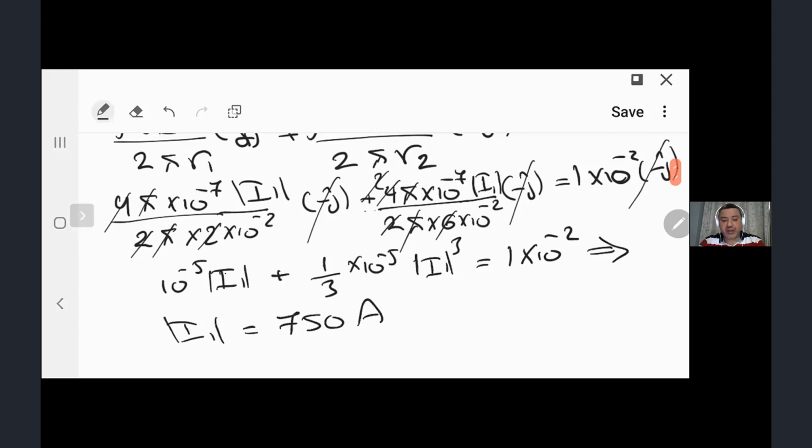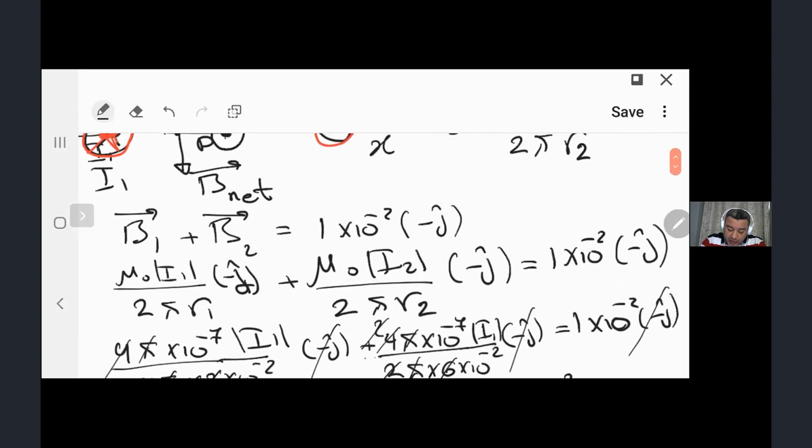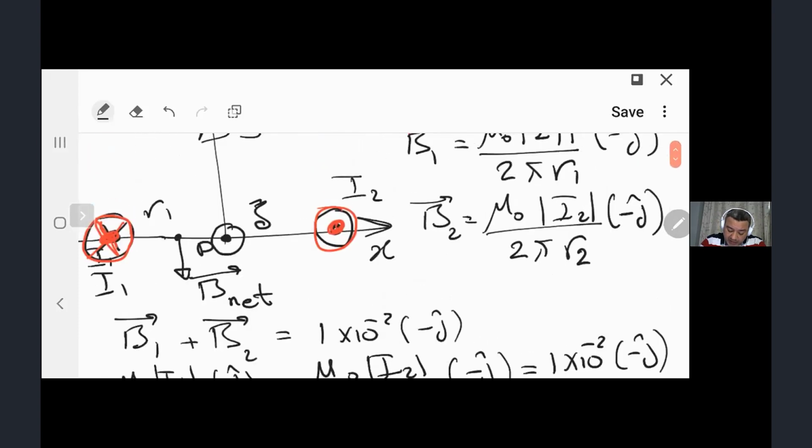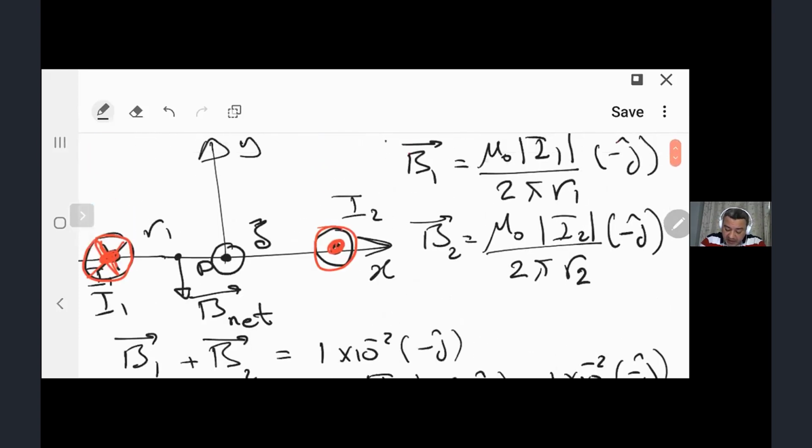Now here we're dealing with the infinite wire. In the infinite wire, we used this equation, basically mu I over 2 pi r and a normal unit vector on the plane of the displacement vector and the wire, the infinite wire.